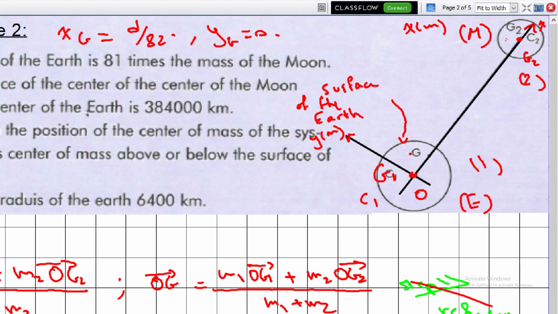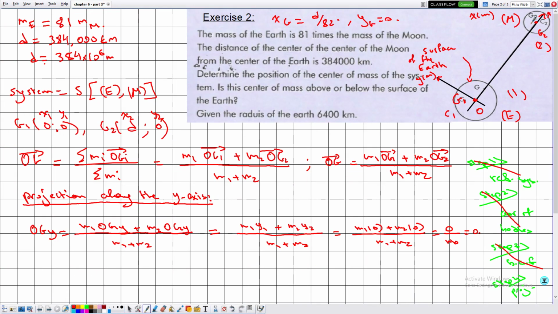In order to know whether G is located below, so this is below and this is above, in order to determine whether this point is below or above the surface of the Earth, which is this, we need to calculate the numerical value of this and compare it with the radius. If it's greater than, it will be located above the surface. If it's less than, it's located below the surface.